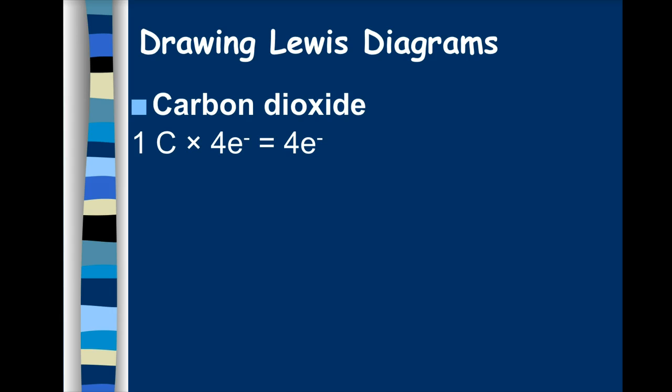And then oxygen, figure out the number of valence electrons that oxygen has. There are 2 oxygens in this particular compound because of the di prefix. So we have a total of 6 times 2, so 12 valence electrons. Add those up, we have 16 valence electrons for this molecule.